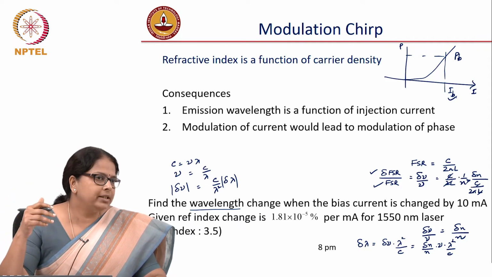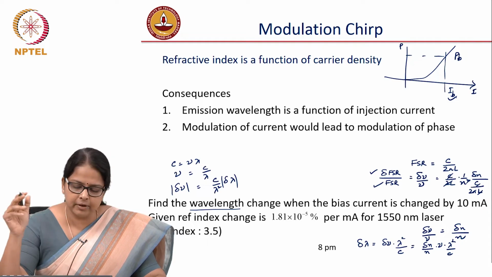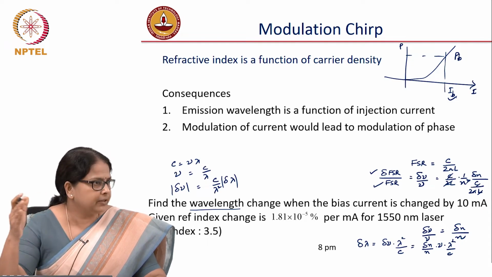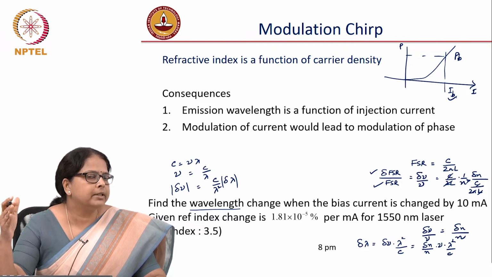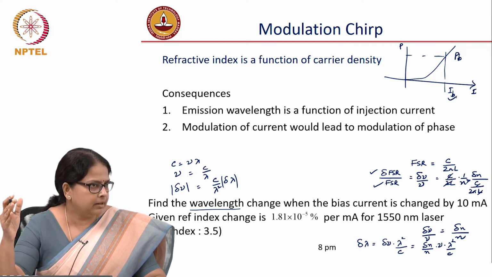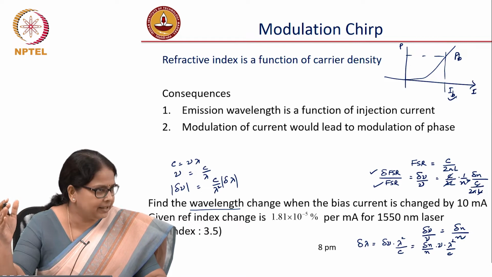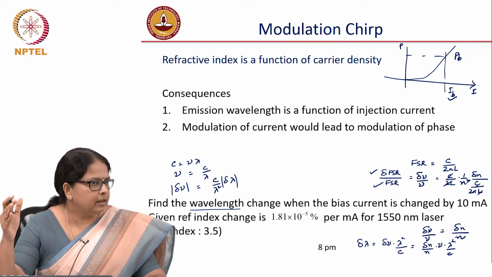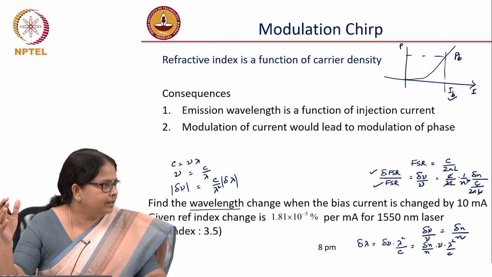But what is more dangerous is also, so this kind of change is a static shift. I change my bias, so the center frequency, this operating frequency changes. So, we call this kind of chirp as adiabatic chirp, or a static chirp, because there is nothing time varying here.